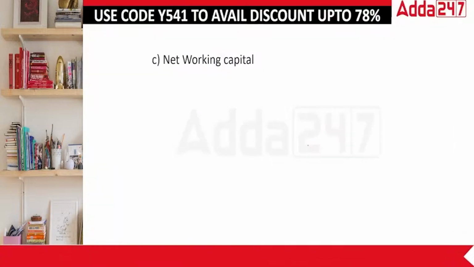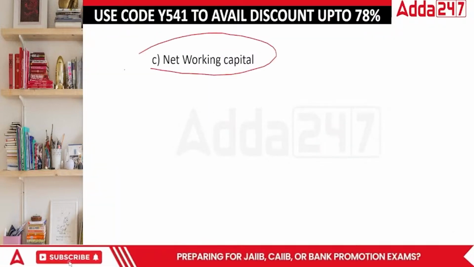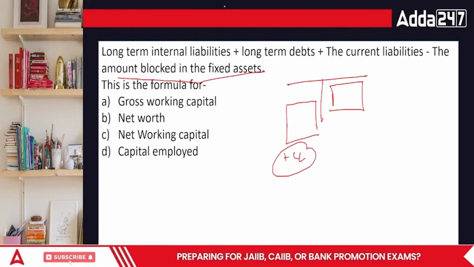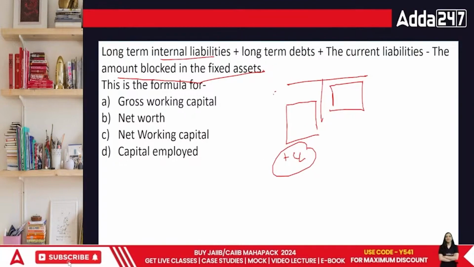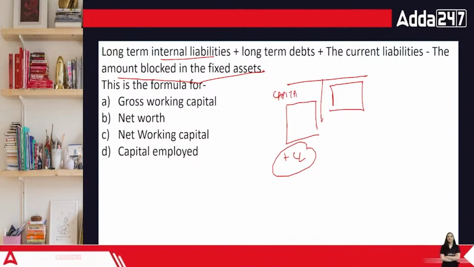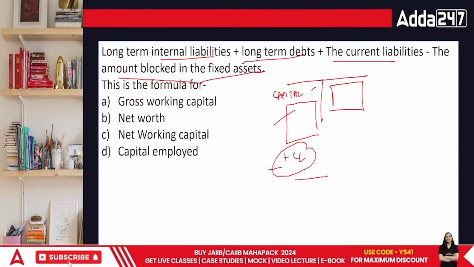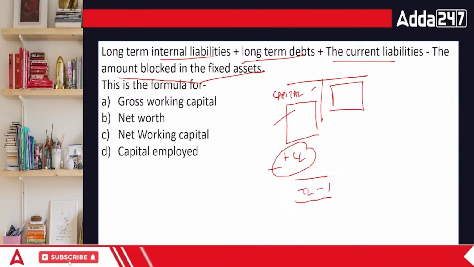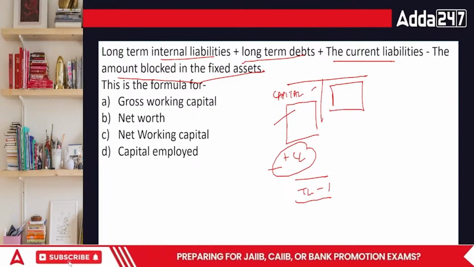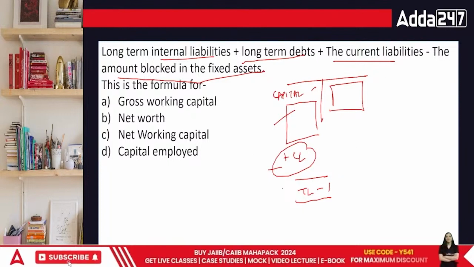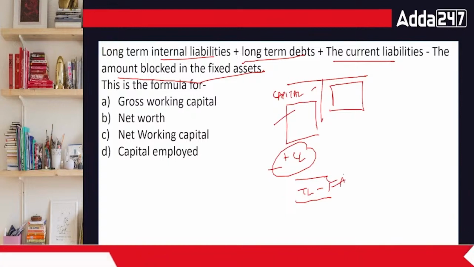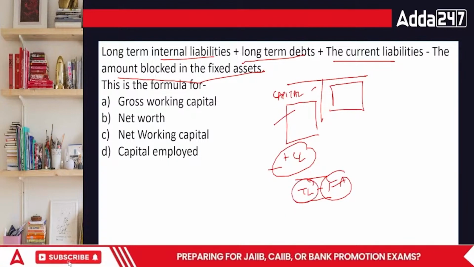In this case, what we are finding is net working capital. How are we finding the net working capital, everyone? Long-term internal liabilities, this has also got capital, plus the long-term debts are here, then the current liabilities are here. This gives us total liabilities. From total liabilities, if you remove the amount which is there with the fixed assets, that is, long-term assets are removed from the total, what are we left with?